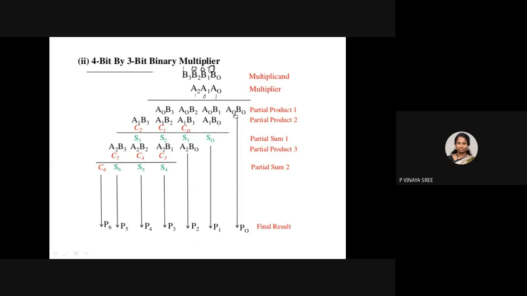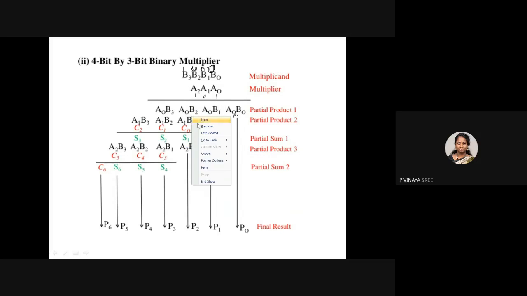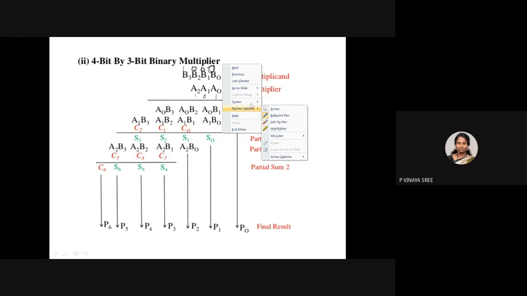The other example is a 4-bit multiplicand and a 3-bit multiplier. In this case we have B0, B1, B2, B3.